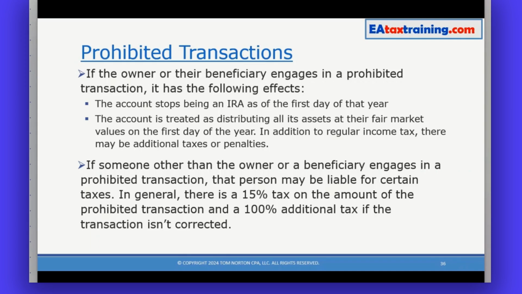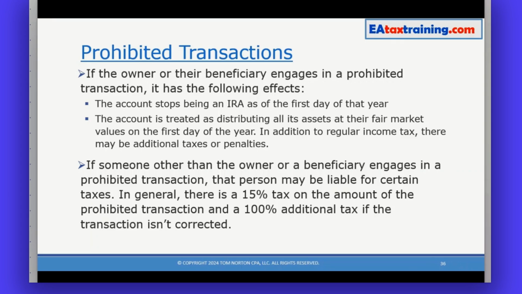So you may have a bank or a mutual fund company, and they inadvertently, usually, will do a prohibited transaction. They don't notice it, or they overlook it, or they just do it accidentally. They're going to have to pay this 15% tax on the amount of the prohibited transaction. And if they don't correct it, they also have to pay a 100% additional tax.